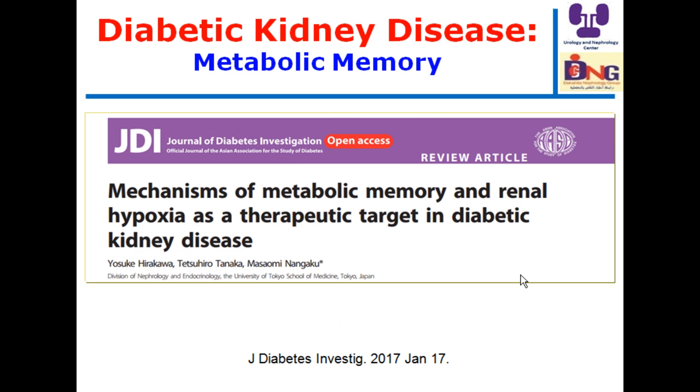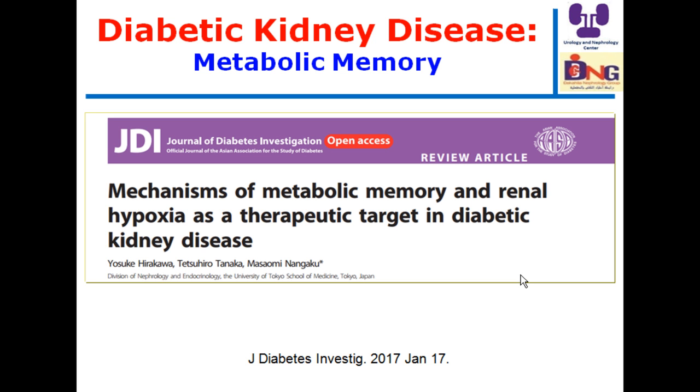One of the important points in the pathogenesis is metabolic memory. Why is there a metabolic memory? Because of a lot of issues like advanced glycation end products, oxidative stress, and epigenetic changes, histone and DNA methylation, etc. All these mechanisms lead to the end station, which is hypoxia.